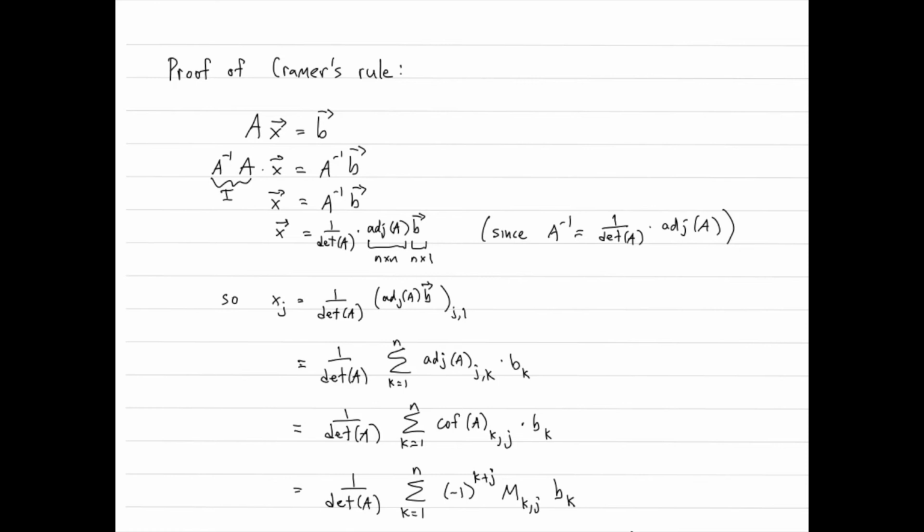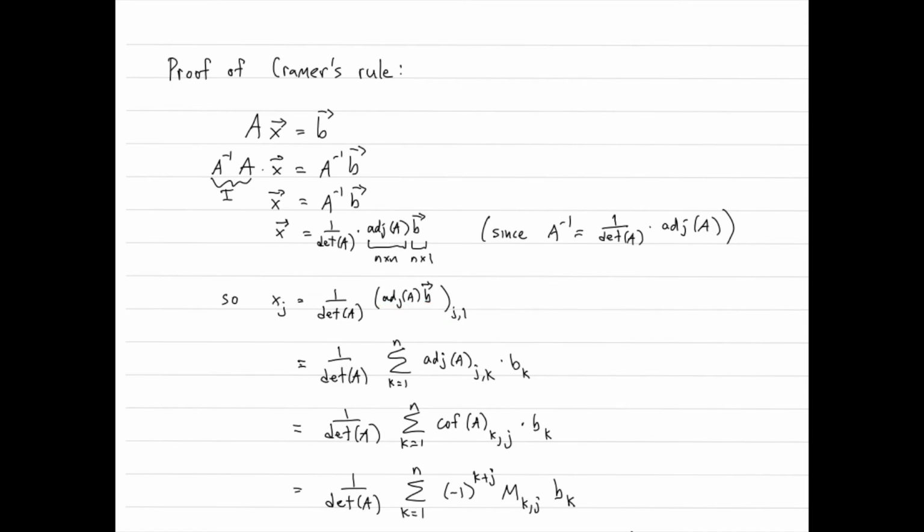And so then when we do the multiplication, we're going to get an n by 1 column vector or column matrix. And so that's what x is going to be, and that's good. And I want to extract the j term of x, so x sub j. And so that's going to be the j comma 1 element of this product.